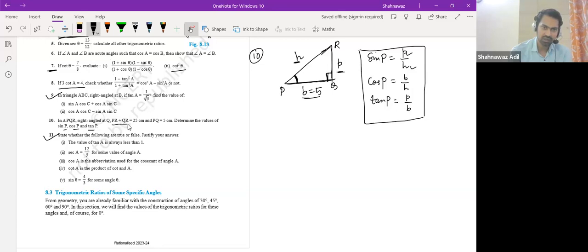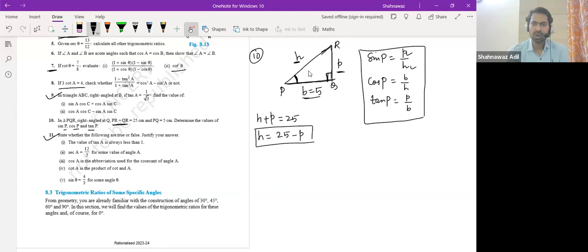But this relation is given: PR plus QR, H plus P, which is 25. So we can calculate H. H is 25 minus P. Right, so this we can tell.